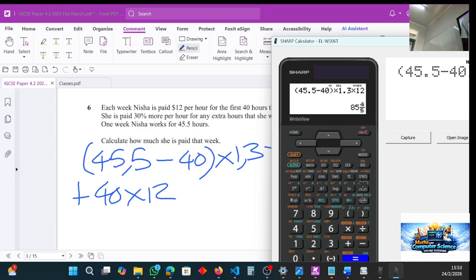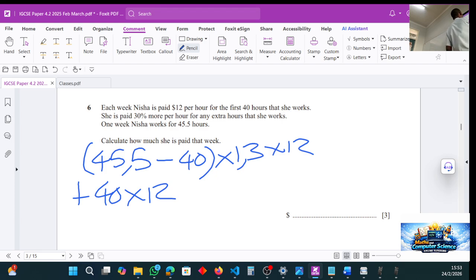It gives us approximately 85.8. Then I say plus 40 multiplied by 12. And then if I say equal, I think this time around with a meaningful solution, which is going to be 565.8.